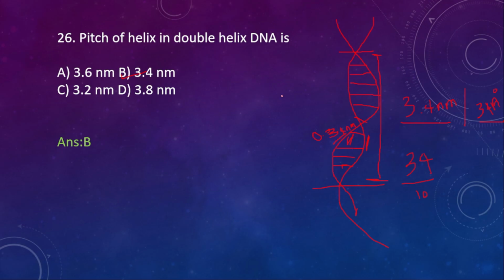Don't get confused. From this to this, one helix distance is 34 angstrom or 3.4 nanometer. The distance between two base pairs is 0.34 nanometer. Here he is asking the pitch of the helix, so the distance is 3.4 nanometer.